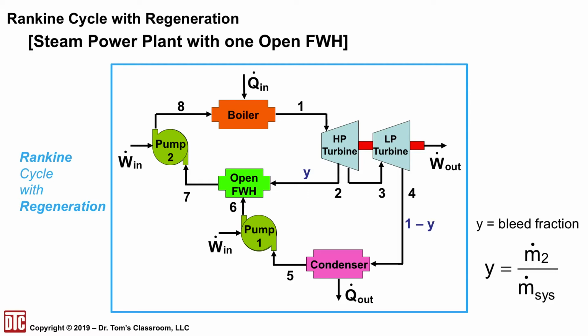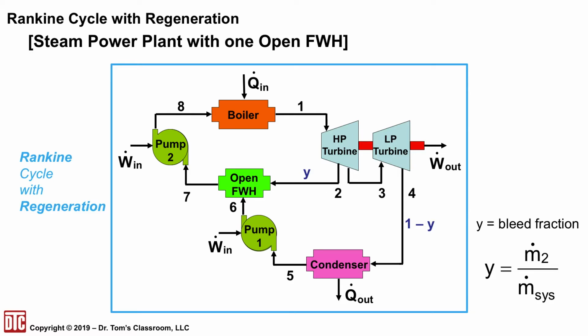So we have steam at 2 going into the open feed water heater. The steam coming out of the low pressure turbine is probably high quality, goes into the condenser, and condenses down to a liquid at 5. Pump 1 is really the condensate pump, with work going into that, and the liquid is pumped into the open feed water heater.